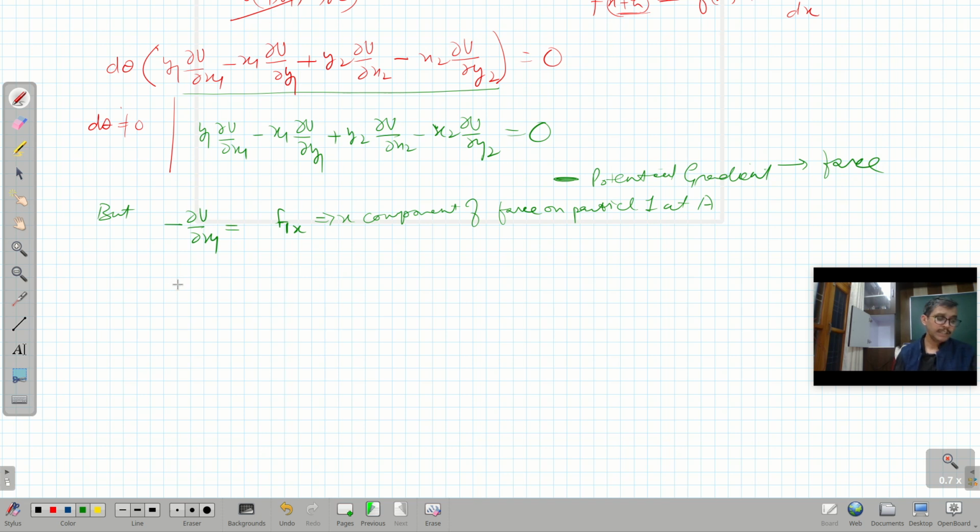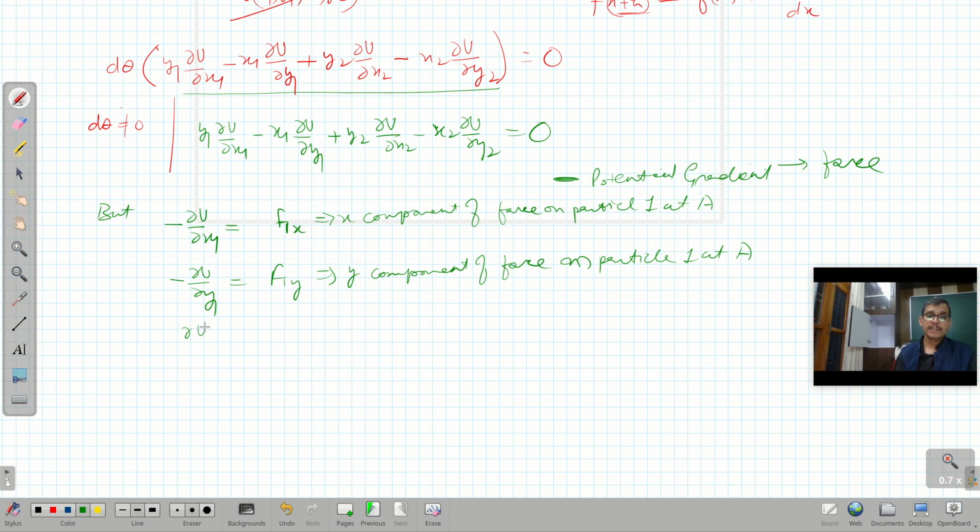And similarly I can write down curly u over curly y1, it is basically f1y and it represents y component of force on particle 1 at A, because force has two components.